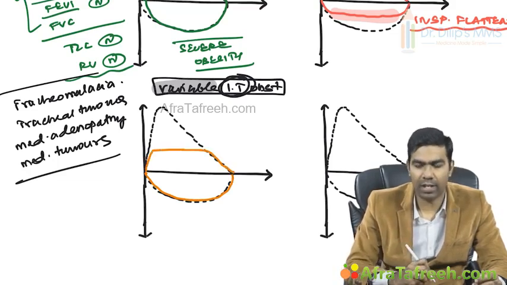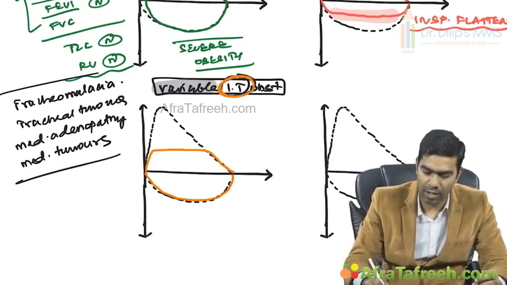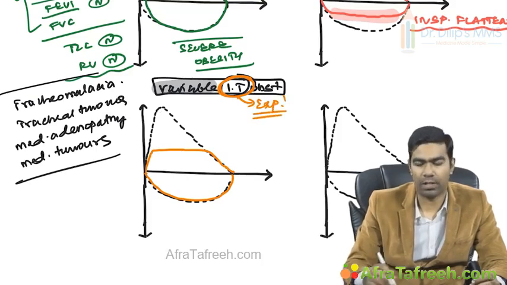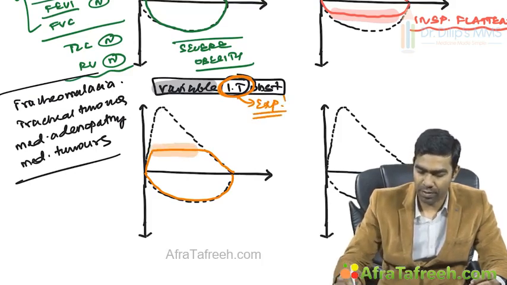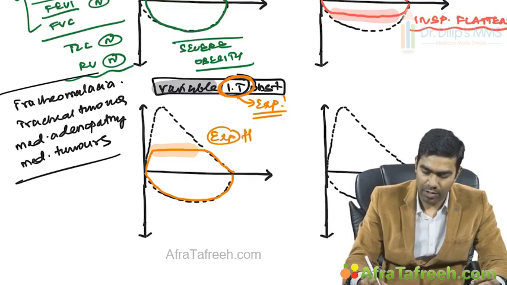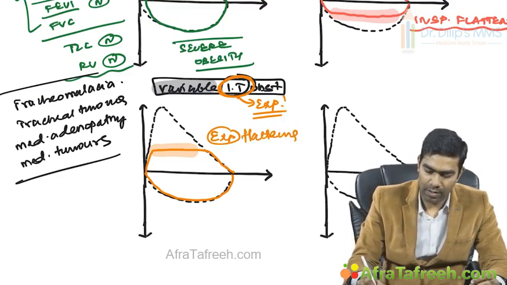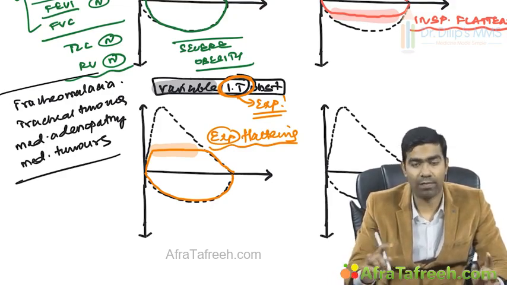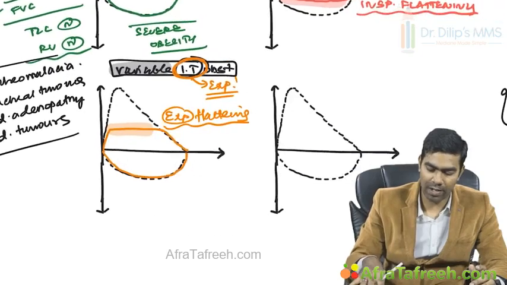There will be severe expiratory flattening, because the moment I call it intrathoracic, I know the problem must be during expiration. So I am going to get an expiratory flattening of the curve. Very, very important. Expiratory flattening of the curve.